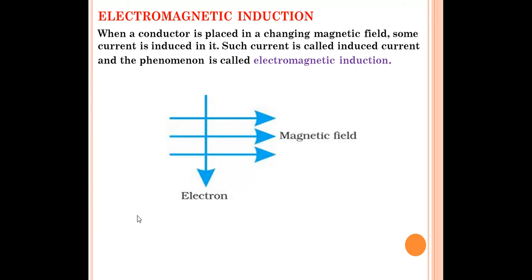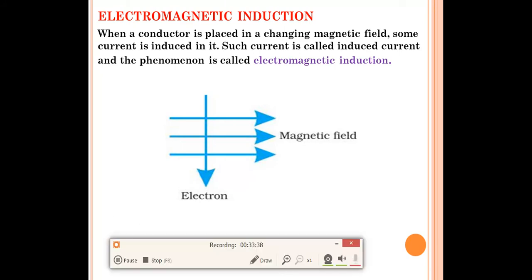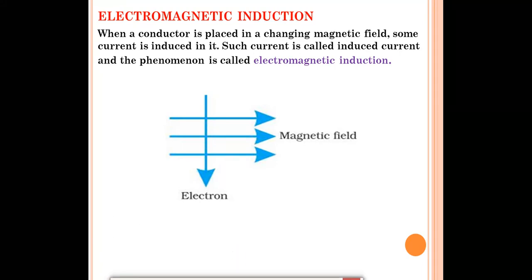Next we'll read about electromagnetic induction. Many times you have heard about this electromagnetic induction. What is electromagnetic induction? When a conductor is placed in a changing magnetic field, some current is induced in it. Induced means the current will come in that conductor.